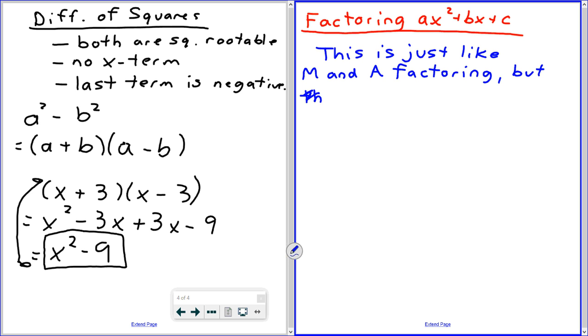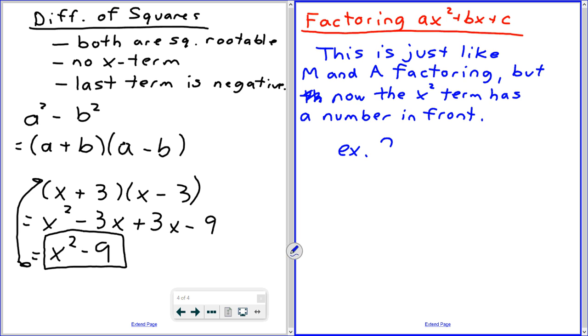Say, for example, 2x squared minus x minus 6. Okay? So the only difference here from what we did before is that there's a number in front.